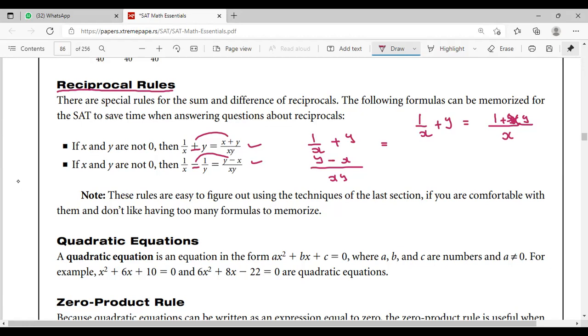Definitely there's a mistake in this one. I'll write the correct form over here. So this would be simply x over 1 plus xy, right? So you can remember these two forms directly. If you have 1 by x minus 1 by y, it would be y minus x over xy. And if you have 1 by x plus y, you'll have this.